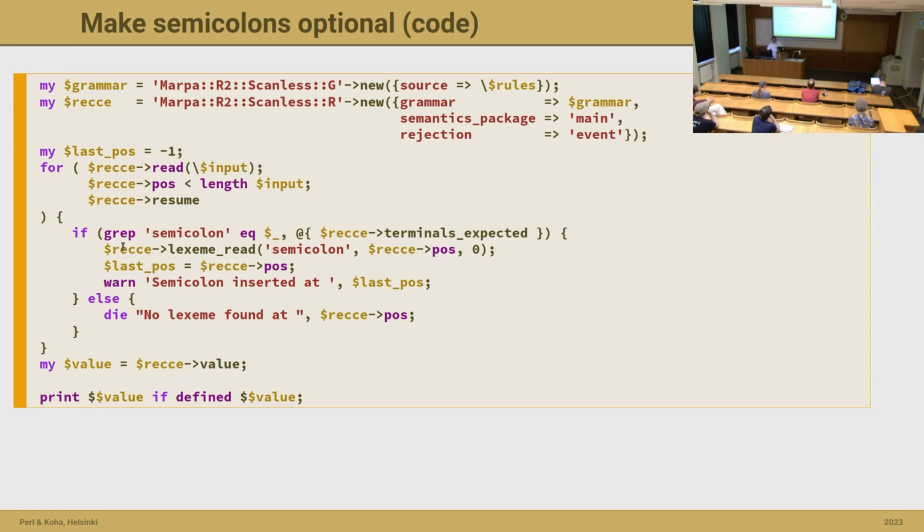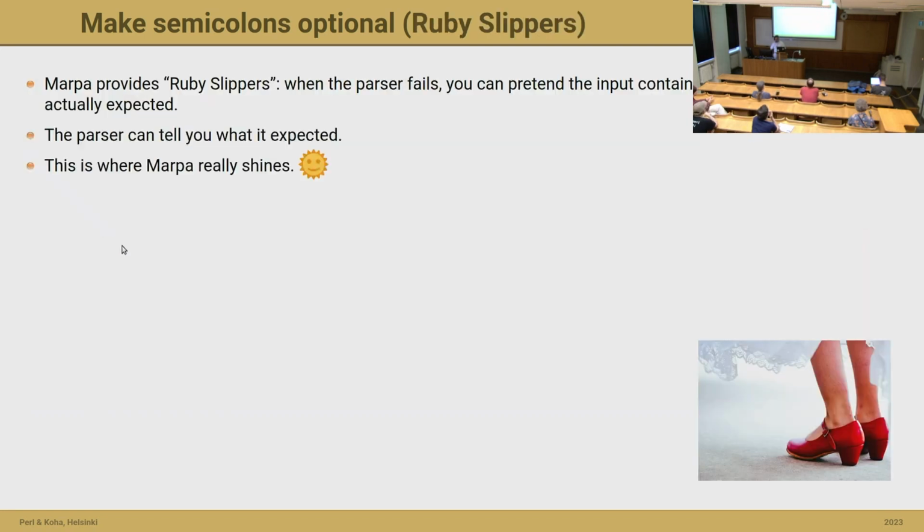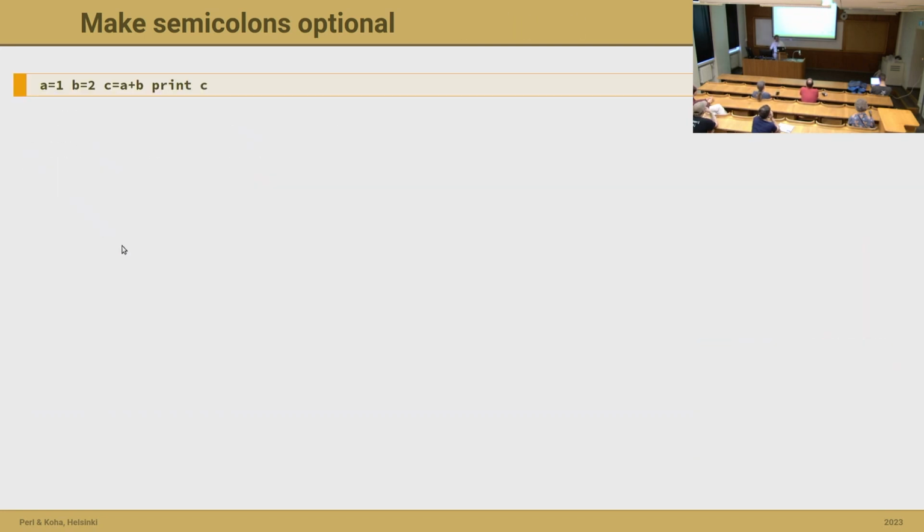And I added a warning so I could verify that it's working correctly. And if semicolon is not expected, we are in a situation where the expression was wrong. We don't know what to do, so we fail. And it works as expected, and it parses this string correctly and prints 3.